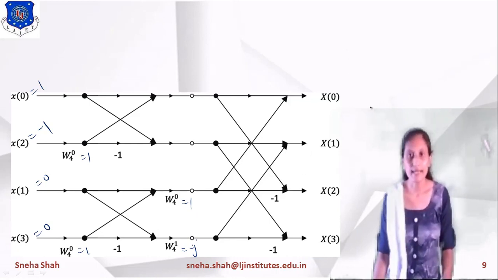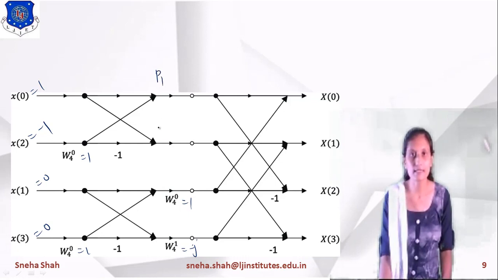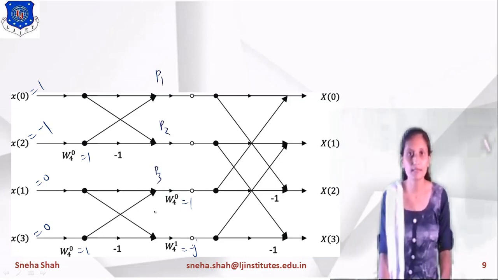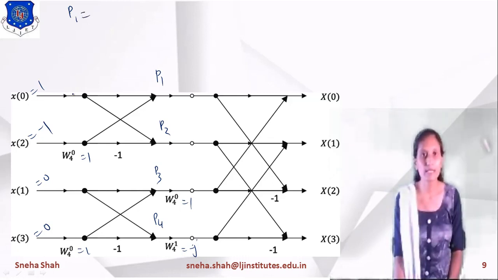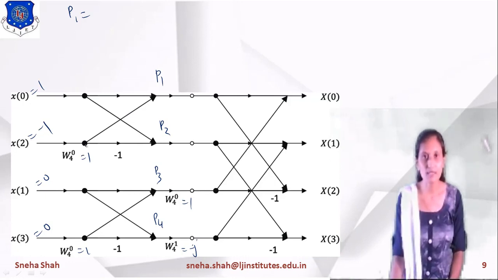Now we have to find x of k. Suppose I take the intermediate stage as p1, p2, p3, p4. What is the value of p1? Here the term is 1, and this will be added with this, right? So minus 1 into 1 means minus 1, and minus 1 plus 1 gives 0.